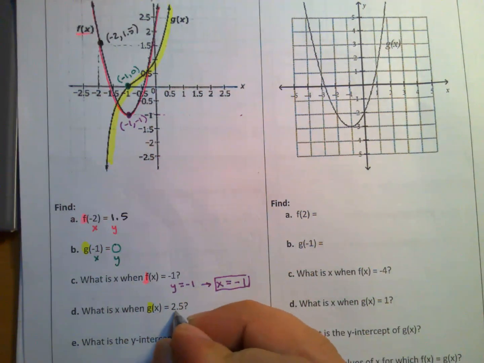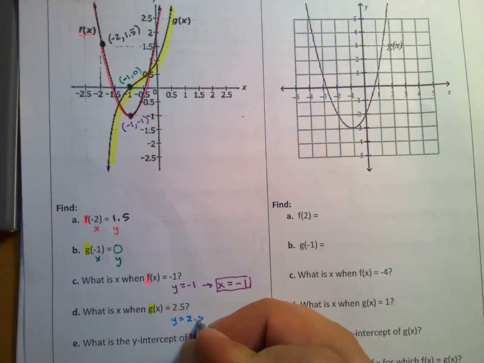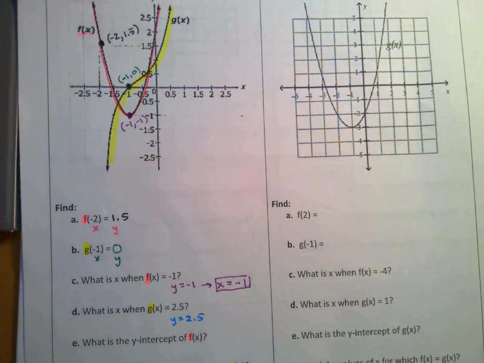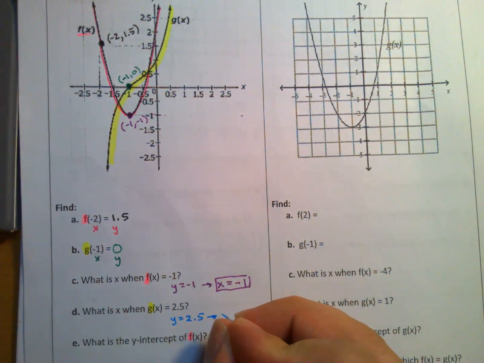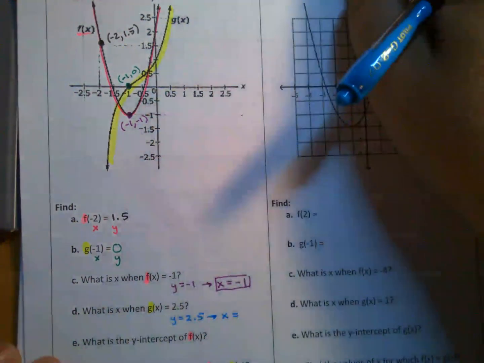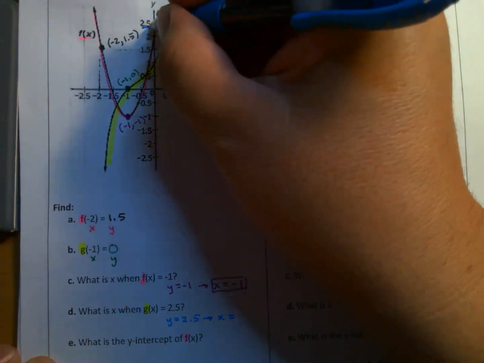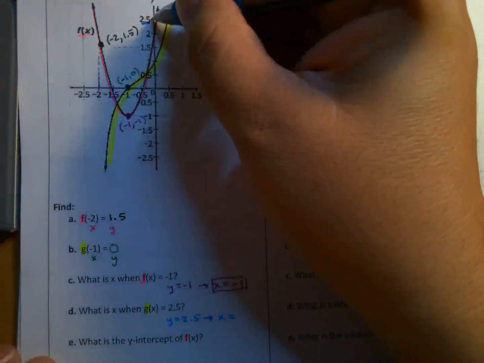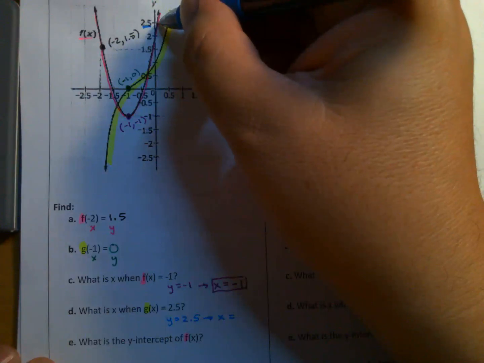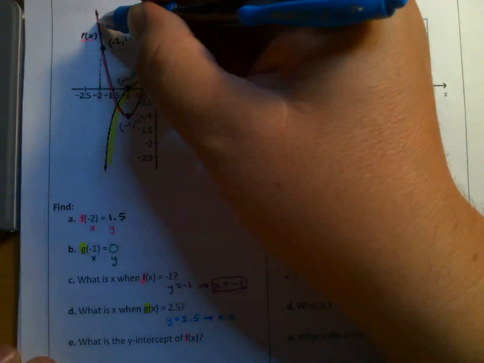All right, let's see. g of x is equal to 2.5. Once again, they're letting you know that y is 2.5. And if they're telling you the y, then they must be asking for the x that belongs to it. So let's go to that y. It's way up here. There's 2.5 up there. But if I scan this way, I make contact with the graph here, here, and here.